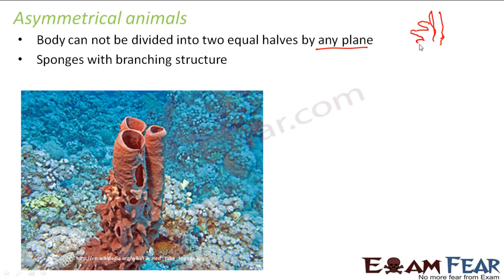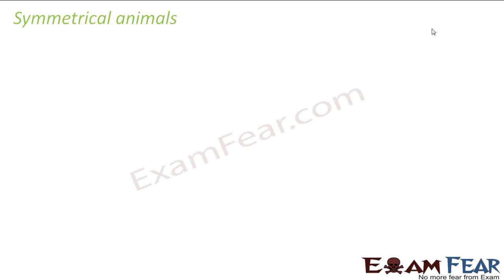It has some outgrowth here. Now if you divide it along this axis, this side and this side, it is not symmetrical, right? Again, it might grow in this fashion. So the shape is totally arbitrary. That is why it is said to have asymmetry.